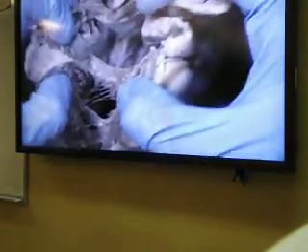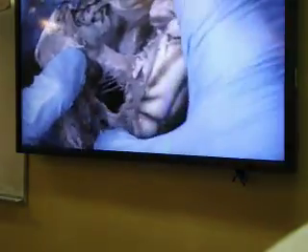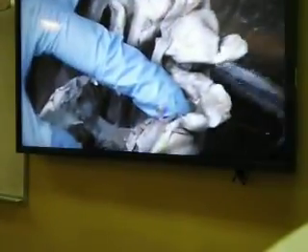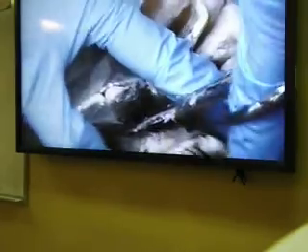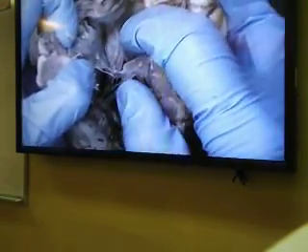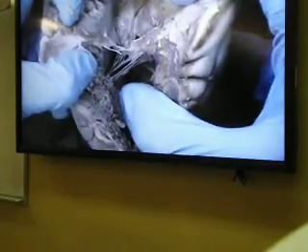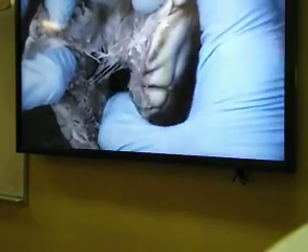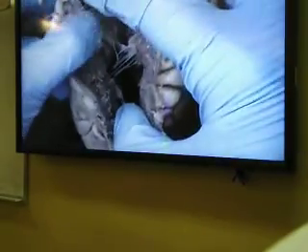Okay. Here is the left atrium, left ventricle, and the bicuspid valve. And here you see the valve. This is the chordae tendineae. Right here is the papillary muscle. So this is the way the valve is attached between left atrium and left ventricle.